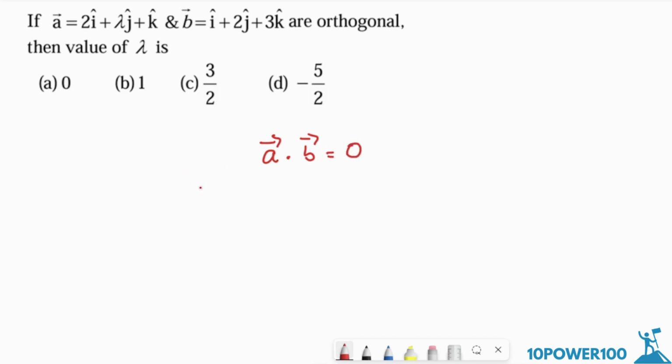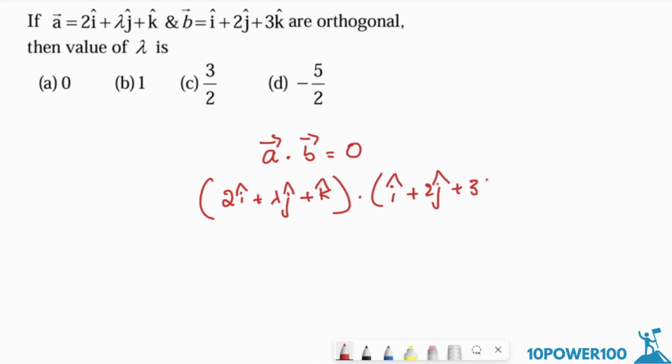Okay, so your vector A is 2i cap plus lambda j cap plus k cap, dot i cap plus 2j cap plus 3k cap, is equal to 0.